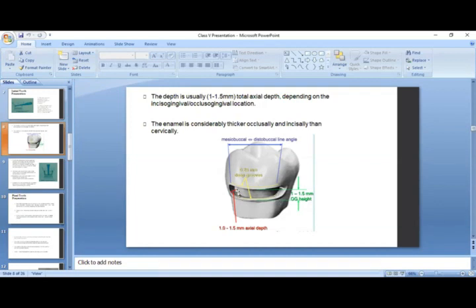If the extent of the carious region is big, we need to extend our restoration up to a height of 1.5 millimeter. If the carious region is very small, we can limit our cavity design to 1 millimeter. Okay, but the axial depth should not go into the dentinoenamel junction, as I mentioned earlier, it is 0.5 millimeter, right?